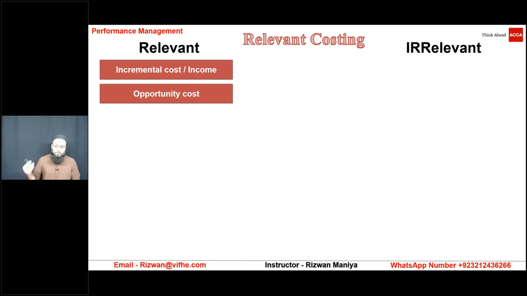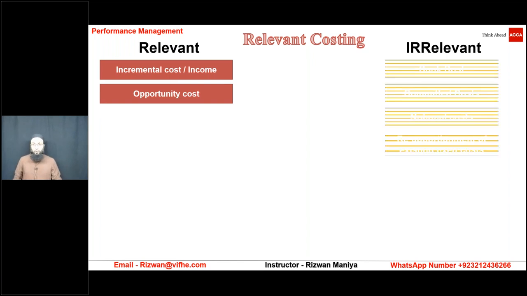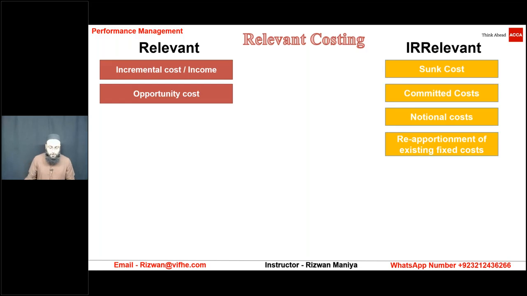Now, how to figure out whether a certain cost is relevant or irrelevant? How to decide that? This is always important. So remember, I'm telling you a simple rule of 6 here. According to this rule of 6, you can easily decide whether a cost is relevant or irrelevant.